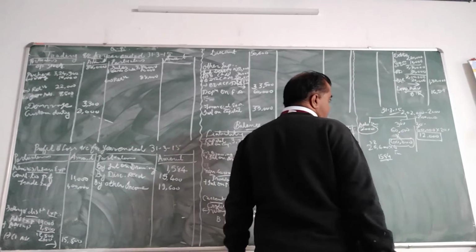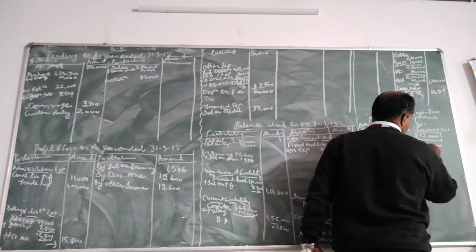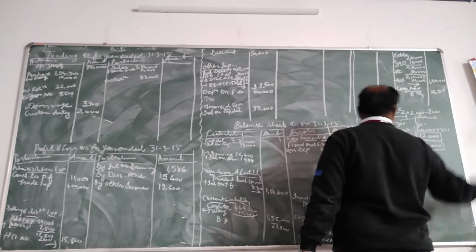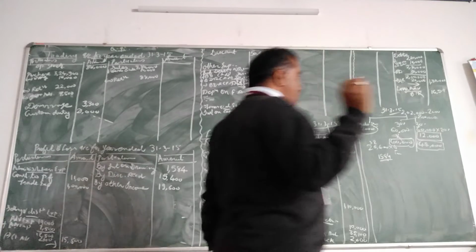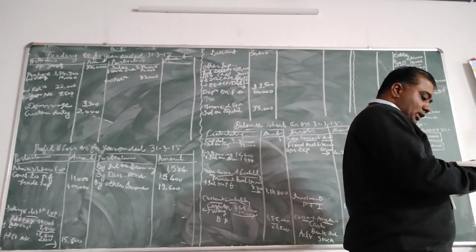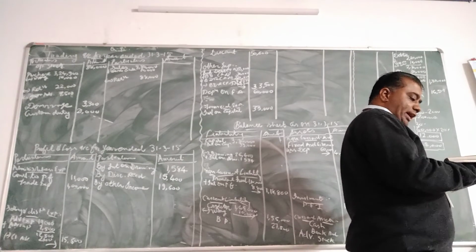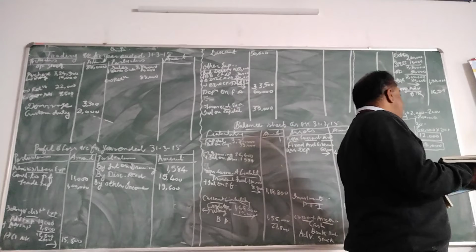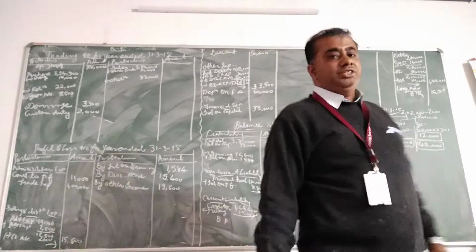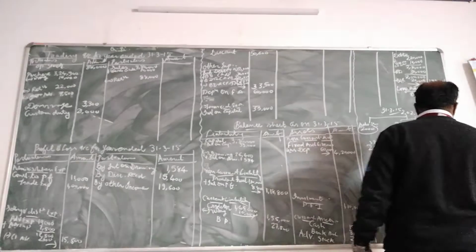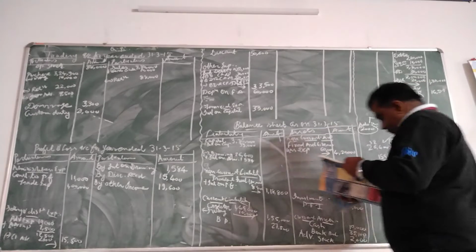Here 12,000 is deducted from 60,000, so 48,000. Market value is 48,000 and actual stock price is 60,000. Whichever is lower we consider, so we consider 48,000, and here we consider 60,000.